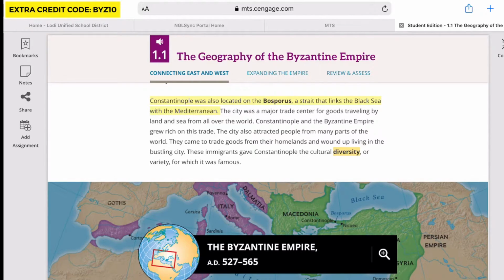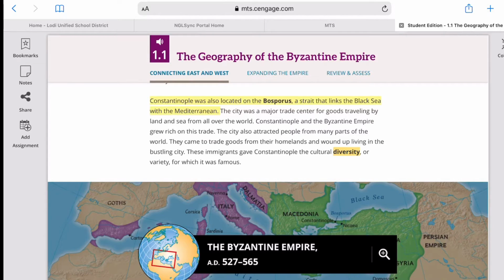The city also attracted people from many parts of the world. Remember, it's connecting two continents. They came to trade goods from their homelands and wound up living in the bustling city. These immigrants gave Constantinople a cultural diversity, or variety, for which it was very famous.